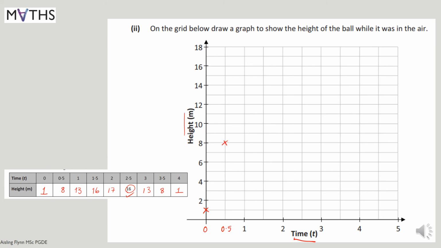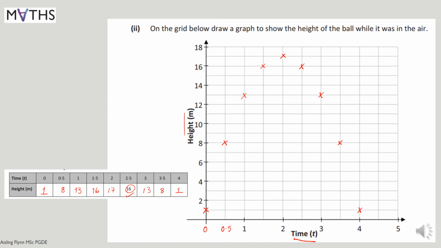Time 1 we have 13, 1.5 is 16, 2 seconds is 17, and then you'll see they'll go back down. It's quadratic, it's going to be symmetrical. 16, 13, 8 and 1.